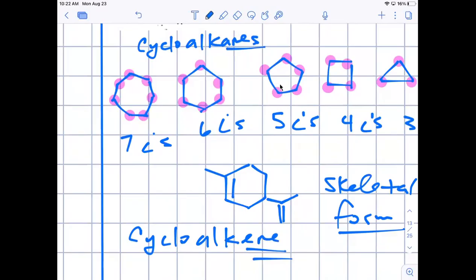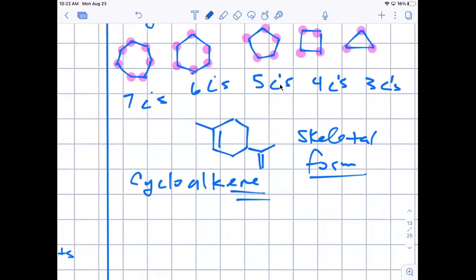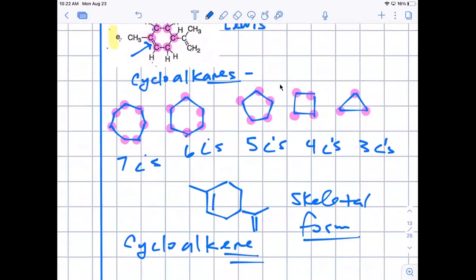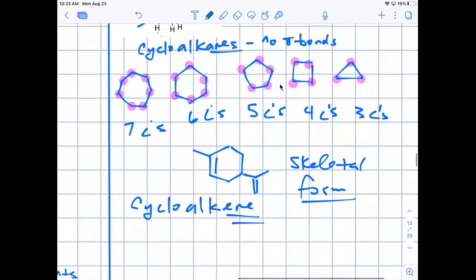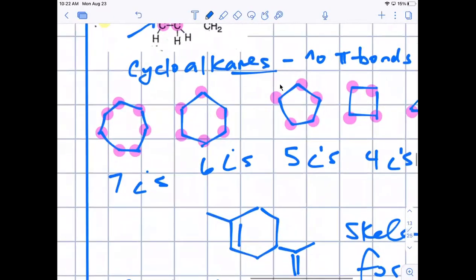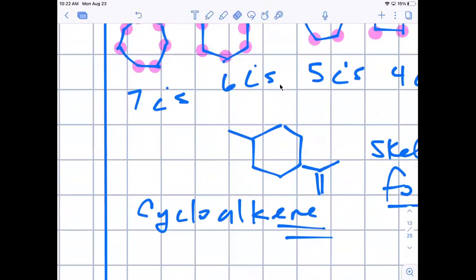I have a question. Go ahead. Why did you draw the double bond on the skeletal form where you drew it? Oh, I can't get rid of that. If I didn't have the double bond in there, this would be a totally different compound.